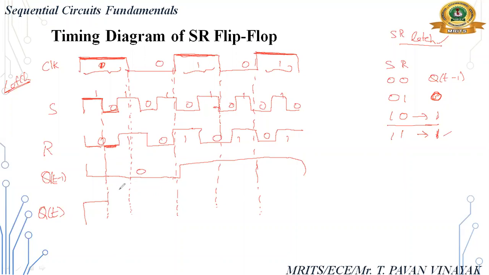Right? What is Q of T minus 1? Don't draw this one because already we performed one output. That is 1 0 output we got. So what is previous value now? This is the previous value. 0 0 means previous, so I am drawing 1 here. Next, 0 0 is available up to here only, so I draw up to here. Next 1 1 means output is 1. So again I draw 1 here.